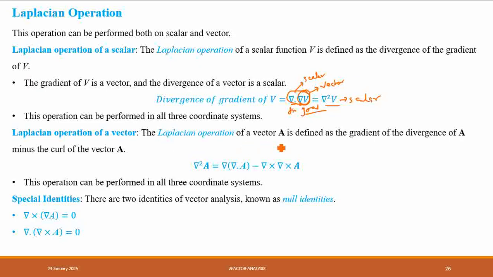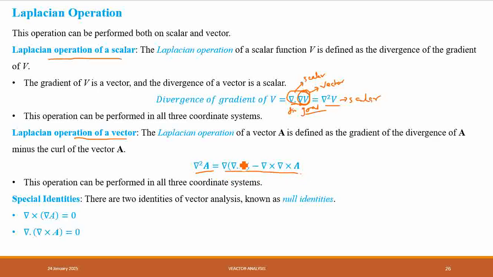The Laplacian operation of a vector A is defined as the gradient of the divergence of A minus the curl of the curl of A. So how can I represent it if I go for the Laplacian operation of a vector? Before this I did the Laplacian operation of a scalar. Now we will do the Laplacian operation of a vector, and we can represent it like this.